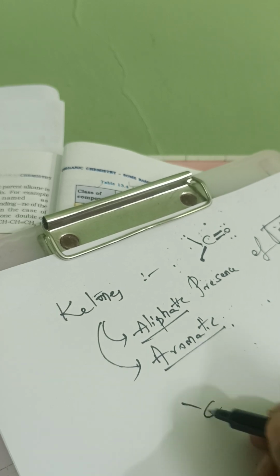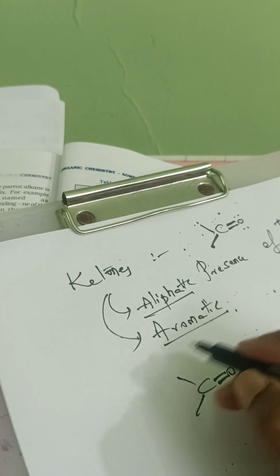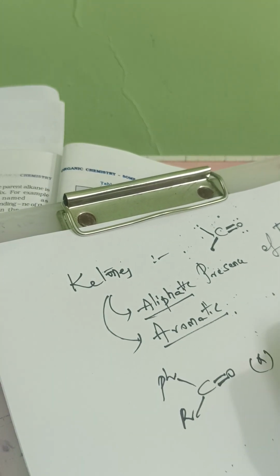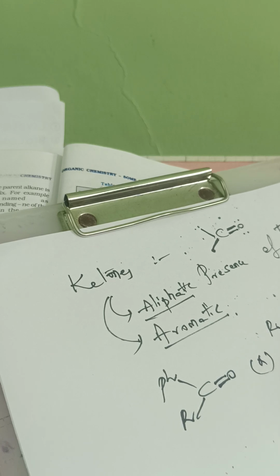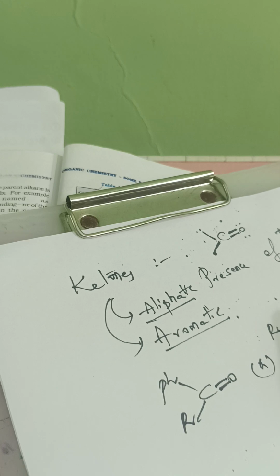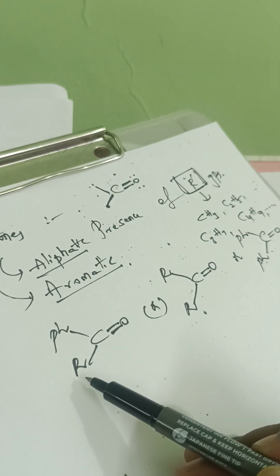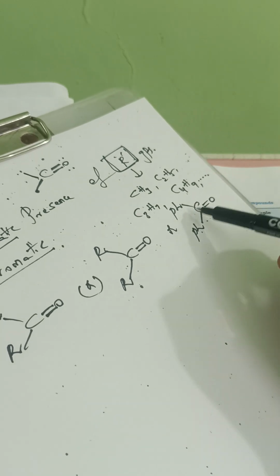That means in this structure you can have both alkyl groups, or you can have one phenyl and one alkyl group, or also you can have both phenyl groups.